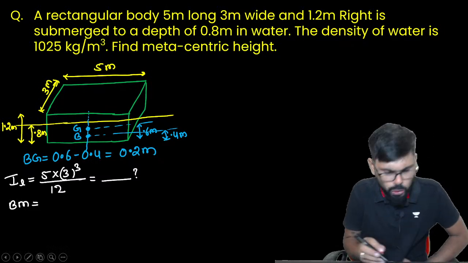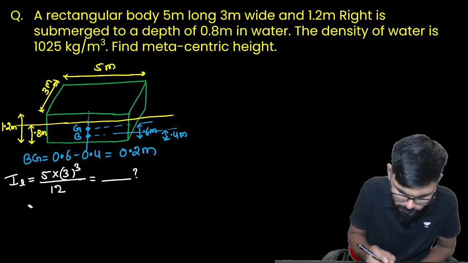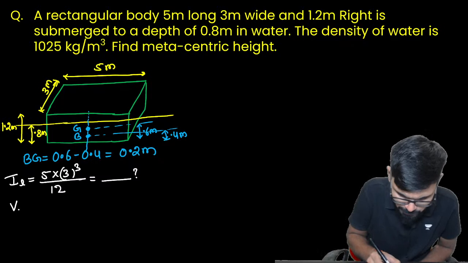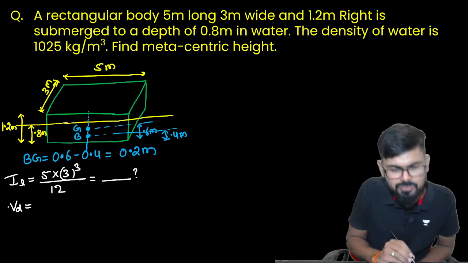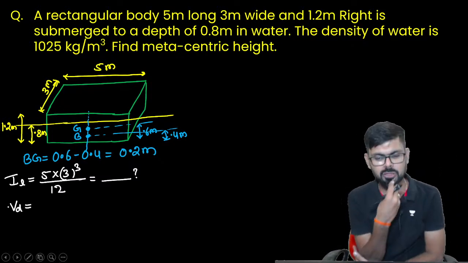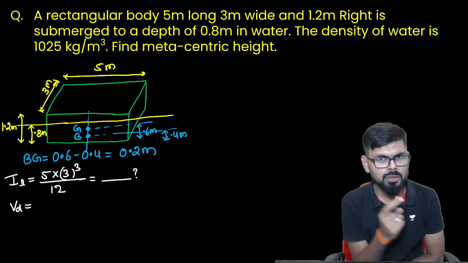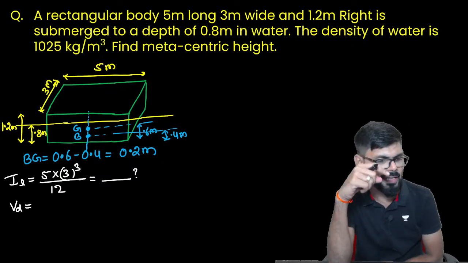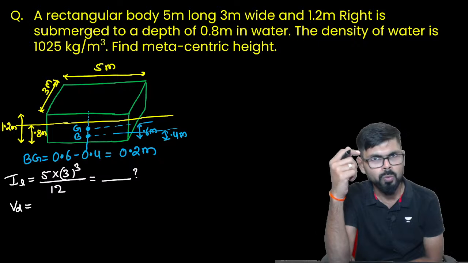First calculate the volume displaced. Volume displaced is area into depth. Area is 5 into 3, and how much depth is submerged? 0.8. So the volume is 5 into 3 into 0.8.